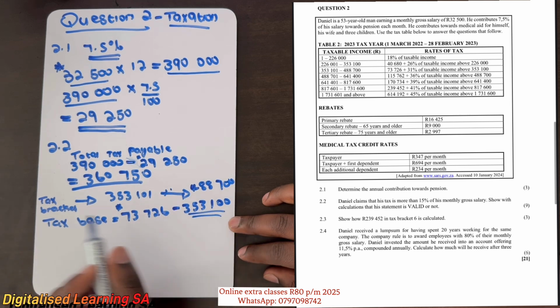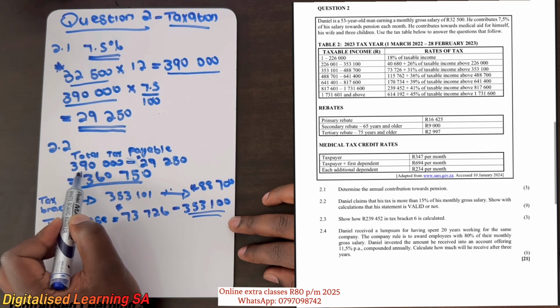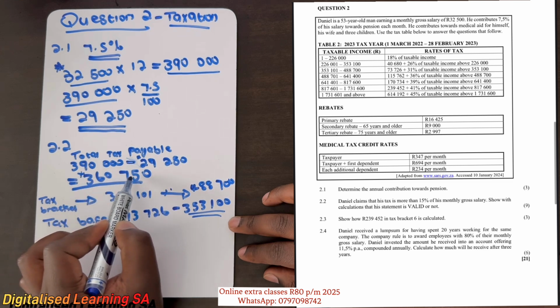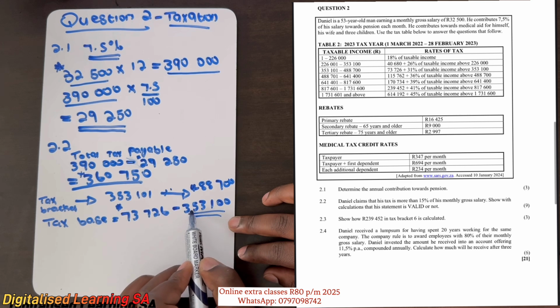Remember that we need to calculate the tax for how much he earns in a year, which is 360,750.